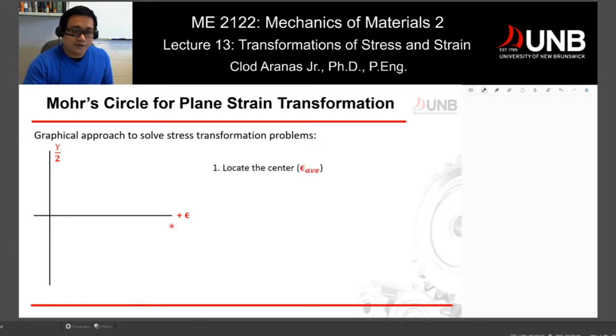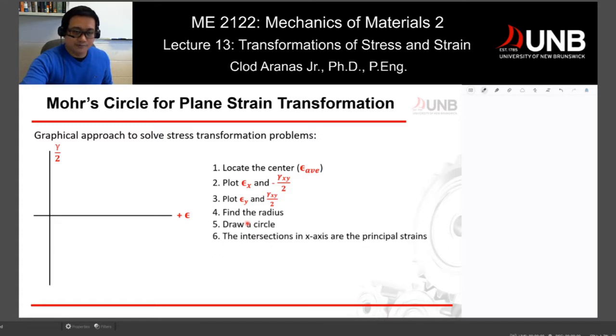And the first thing for Mohr circle is about determining our center using our normal strain average, and we can plot epsilon x, and now this one is shear strain xy divided by 2. Plot epsilon y with shear strain positive divided by 2, and we have to find the radius, draw a circle, and determine the intersections in x-axis, which are your principal strains.